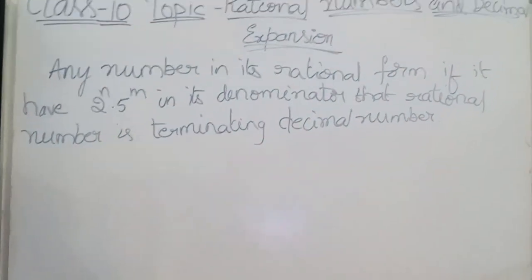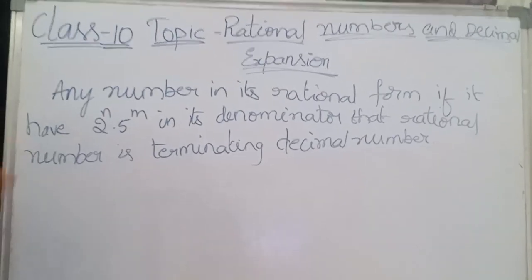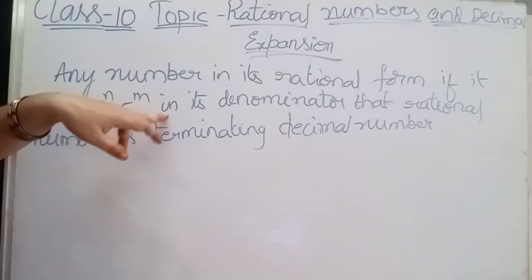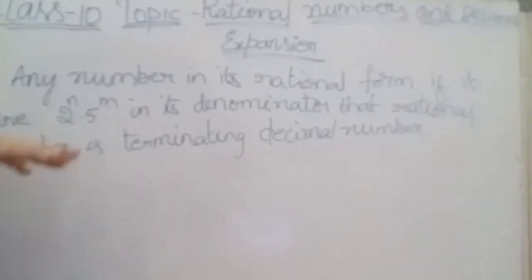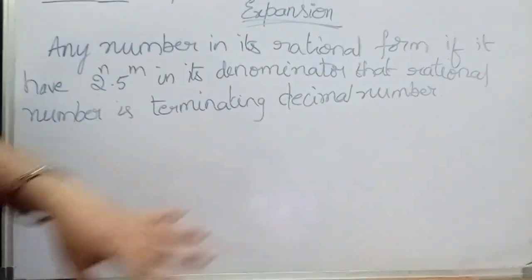Understood, ma? Any rational number, if it has 2 power n into 5 power m in its denominator, that rational number is a terminating decimal number.